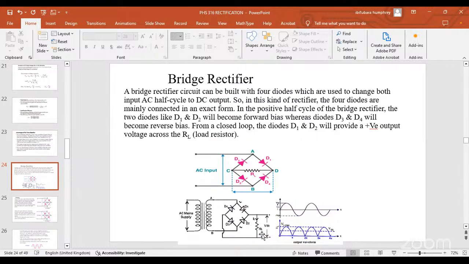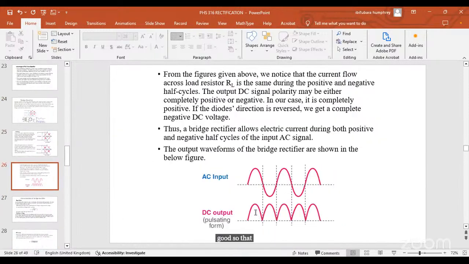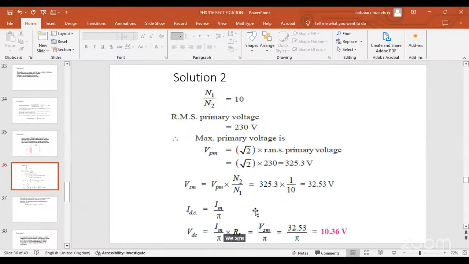That is what we are getting here. In front of the load, we have this. When this current comes out from the secondary part, it comes to this load. So that is what we have. So if you apply that knowledge here, we have our secondary voltage divided by pi gives us the PIV.